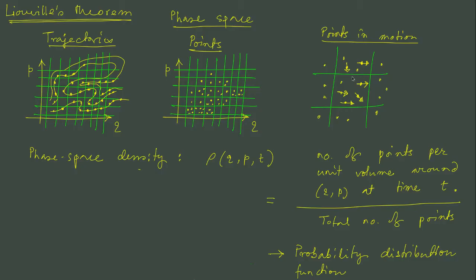What we do is look at how many points there are in the vicinity of this q and p, count them up and divide by the total number in the swarm, and that gives us a probabilistic representation. We call it density. So the phase space density rho multiplied by the total number of particles will give us how many points are likely to be found around a given q and p.